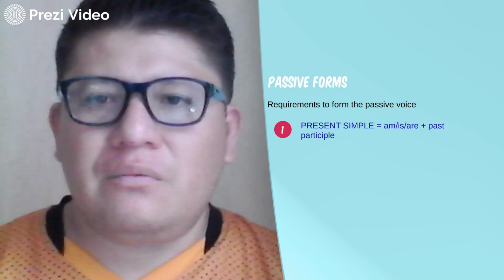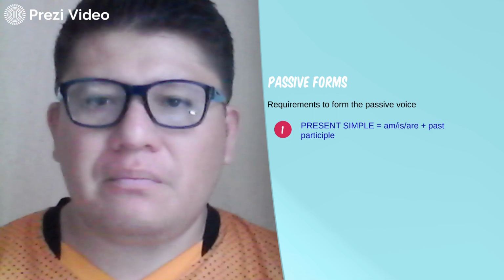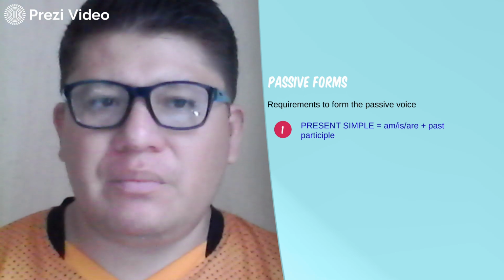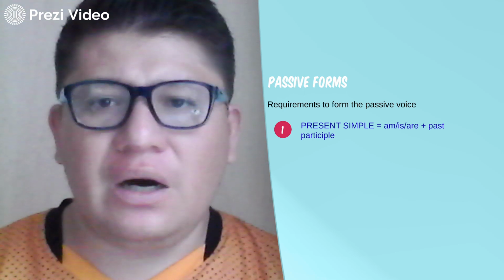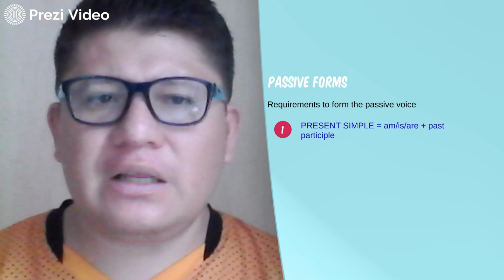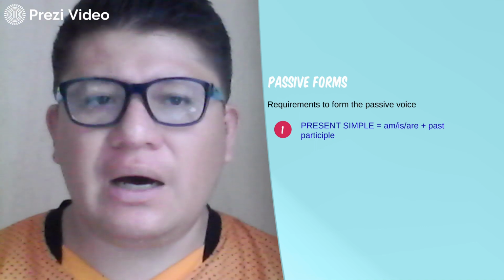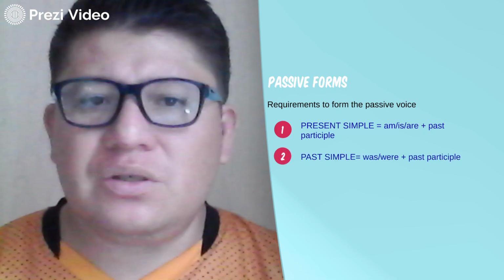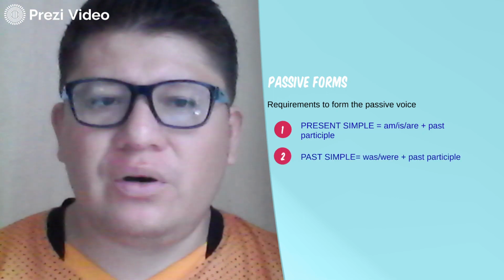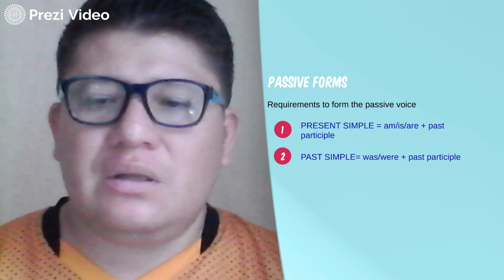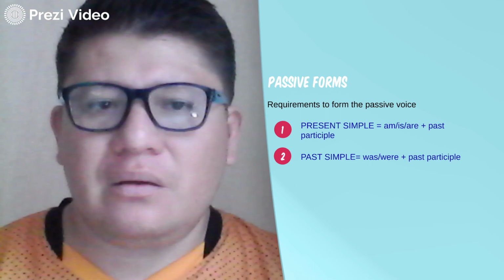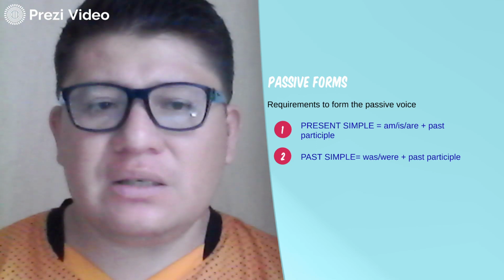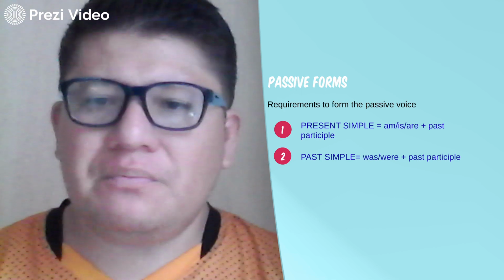For example, when you use the present passive voice, you are going to use the present simple tense of the verb be, which is am, is, or are, and the negative am not, isn't, and aren't, plus a past participle verb. When you use the past passive voice, you are going to use the past of the verb be, which is was, were, or wasn't, weren't for negative sentences, and also a past participle verb.